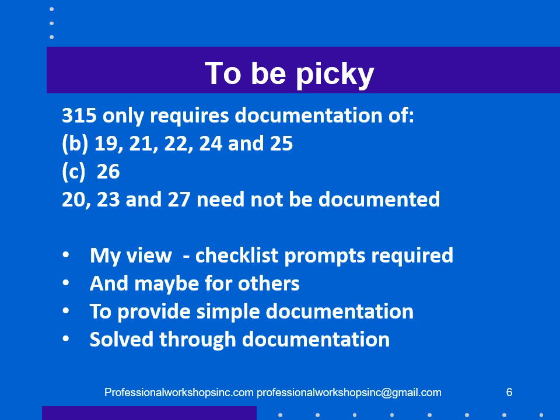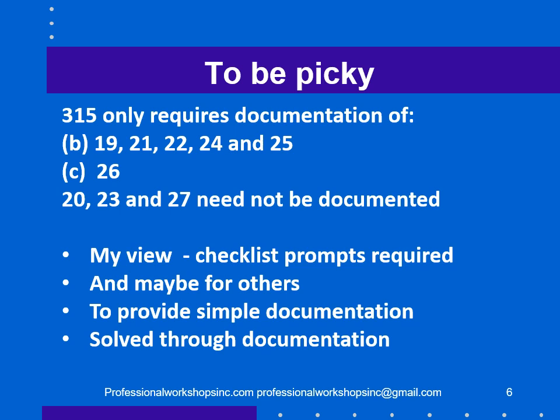And to be picky, 315 only requires documentation of 19, 21, 22, 24, and 25 in Part B, and in C, 26. So 20, 23, and 27 need not be documented.